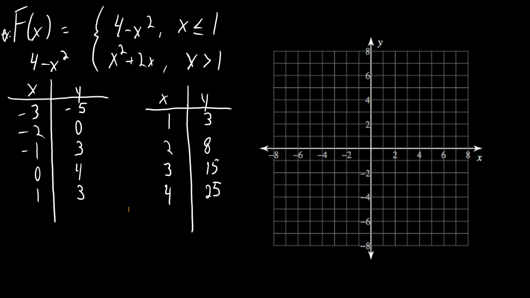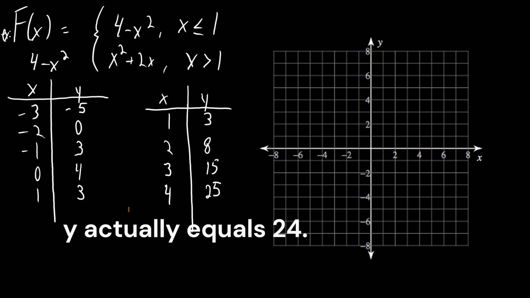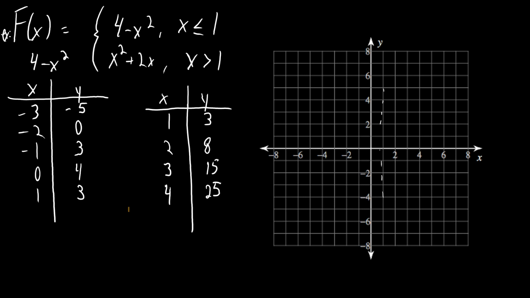Okay, so let's plot these. Let's plot our 4 minus x squared, and it has a limit right here at 1. So we have the point 0, 4, then -1, 3, and 1, 3, and we know this is going to be a closed dot right here because it is less than or equal to.